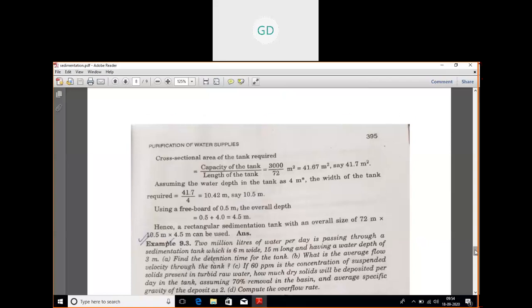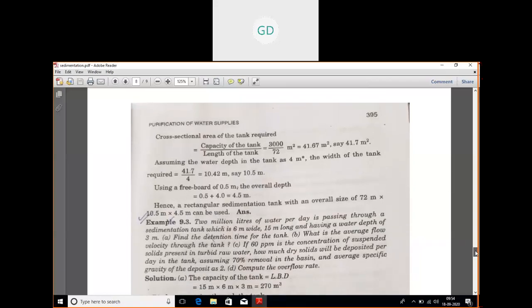Later you note it down in your copy. And this question is your assignment. For the time being, please take a screenshot.